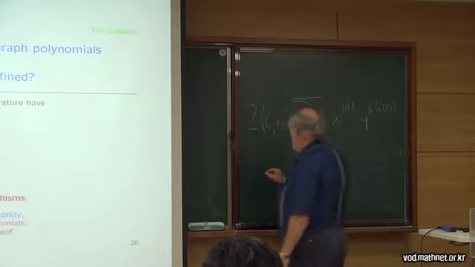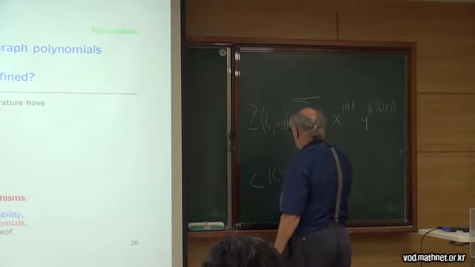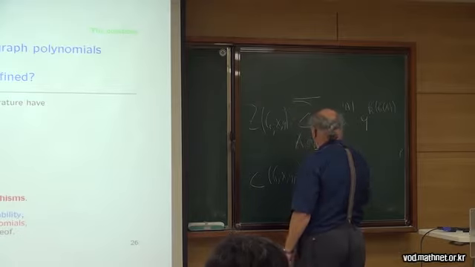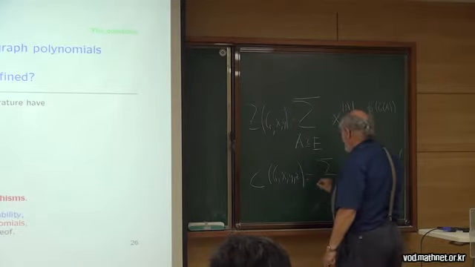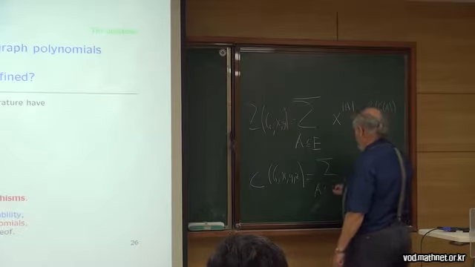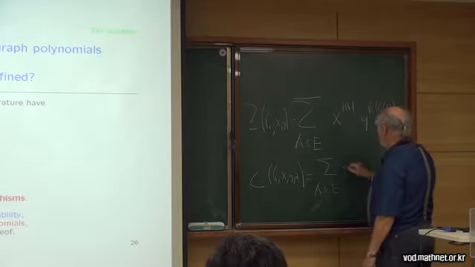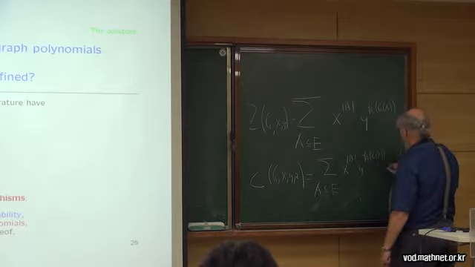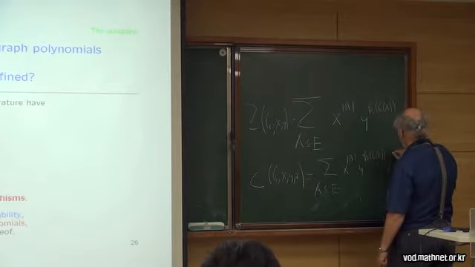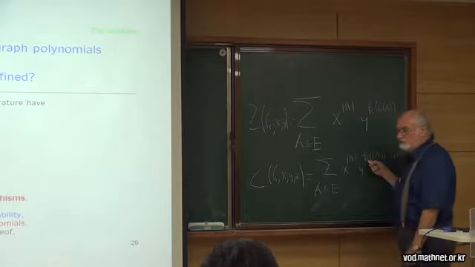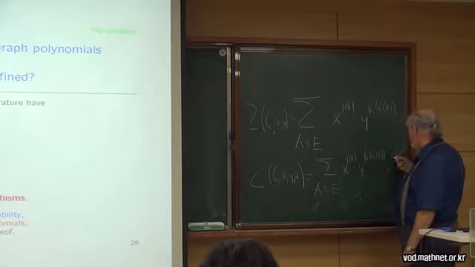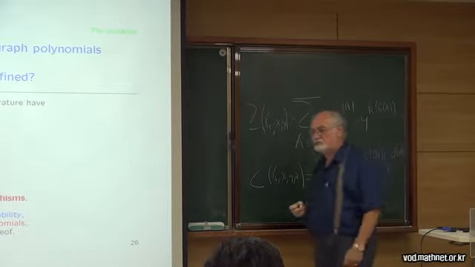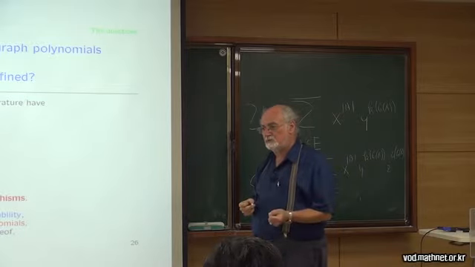And then we have a polynomial C of G, x, y, z equals sum over all A in E. Same things here, x to the A, y to the k of G, A, and z to, I'll tell you in a moment what this is, c of G, A. And k is the number of connected components, and c is the number of connected components which do not contain isolated points.